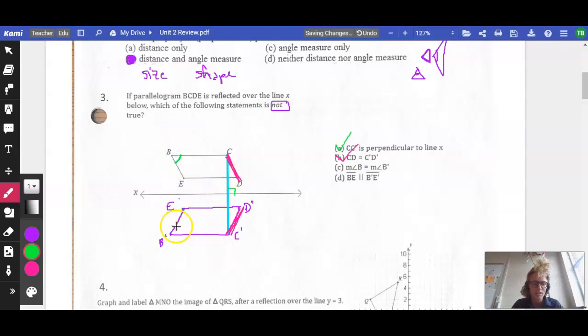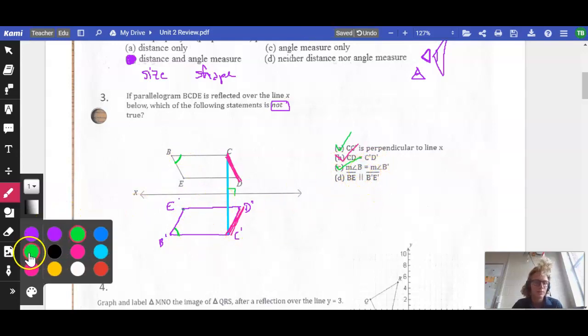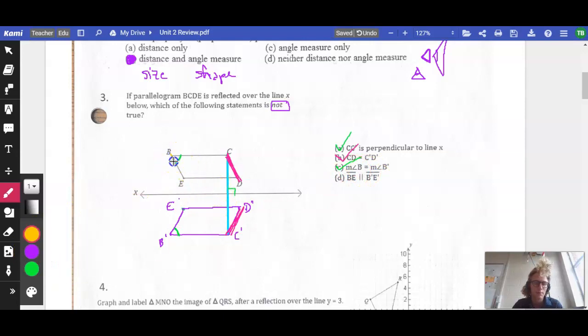It is congruent to B prime. Well, rigid motions maintain size and angle measure. So angle measure is maintained. So that is correct. Now, BE is parallel to B prime E prime. If I draw BE and B prime E prime, I can see that they are not parallel. So this would be our answer.